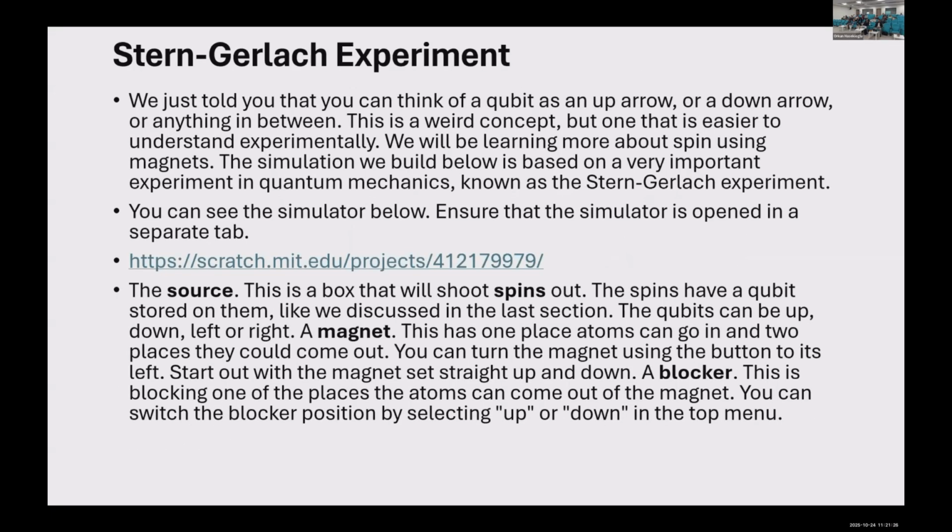So, how many of you are familiar with the Stern-Gerlach experiment? I want you to go to this page now. You all have a spreadsheet account. Let's perform this exercise.